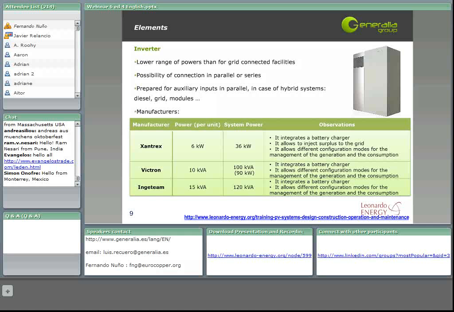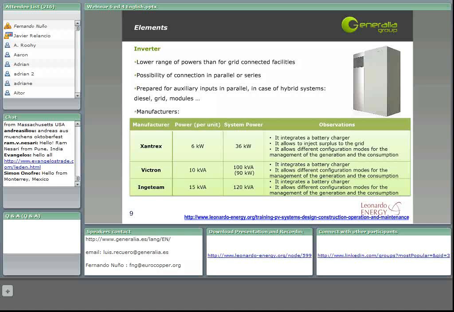If you check the values in this table, you can see that the power per unit is really low. It goes from 6 kilowatts to 15 kilovolt-amperes, but the system power is a little bit higher.